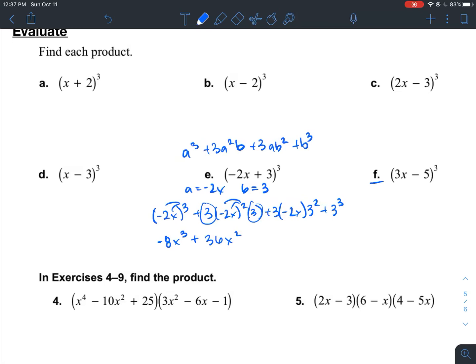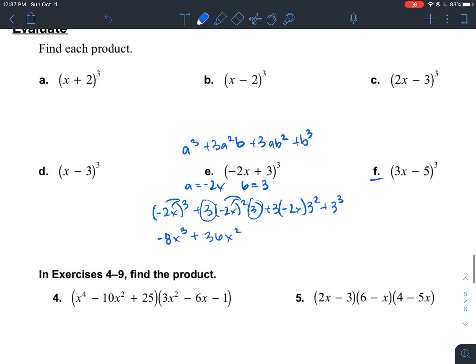And then over here we have 3 and negative 2x, and then 3 is being squared. 3 squared is 9. 9 times 3 is 27. 27 times negative 2 is 54, so that's going to be subtract 54x.